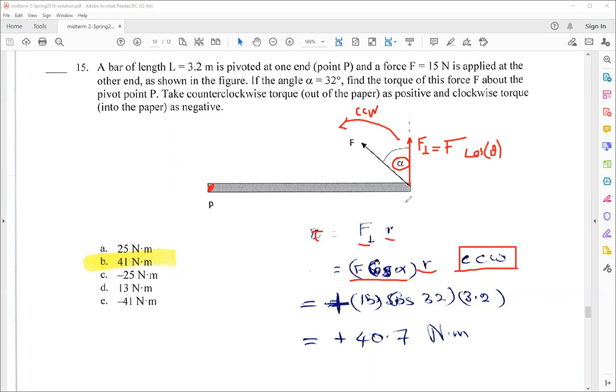But if we had a pivot point on the right, and we're applying a force on the left, this would give a clockwise rotation. That's not the case in this problem. So the torque will be positive, and pay attention to the cosine when the angle is provided relative to the vertical.